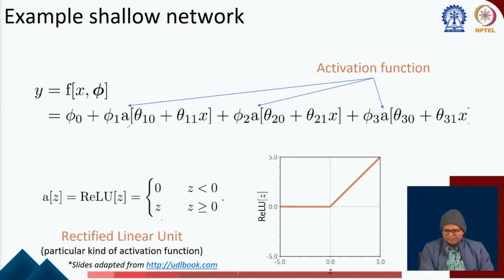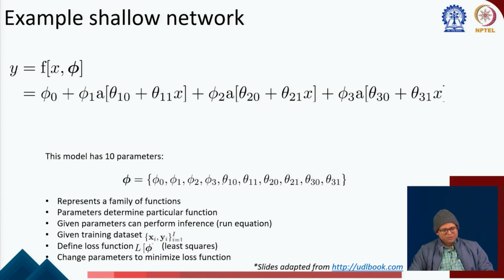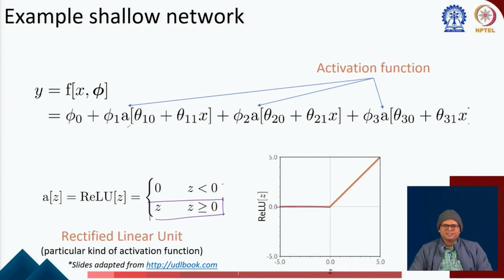If it is equal to 0, it retains the input. If it is less than 0, you just take 0. That induces nonlinearity, and that's what we require for shallow neural networks. We will see why this nonlinearity is so crucial in approximating functions. Any arbitrary function you can approximate once you have some way of introducing nonlinearity. That was not there in linear regression.